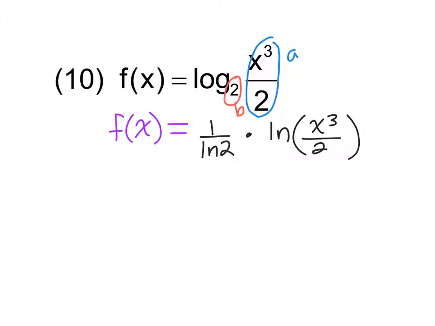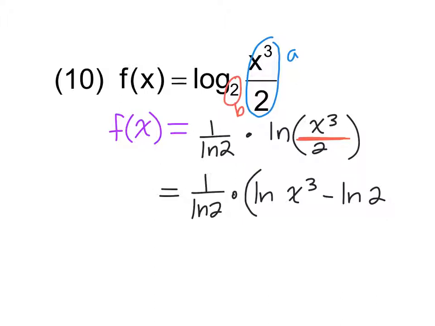All right. So I have division here. So that's going to become subtraction. Now, that 1 over ln 2 is going to apply to each part, so I want to get some parentheses around. I can now do the log frog jumping maneuver.